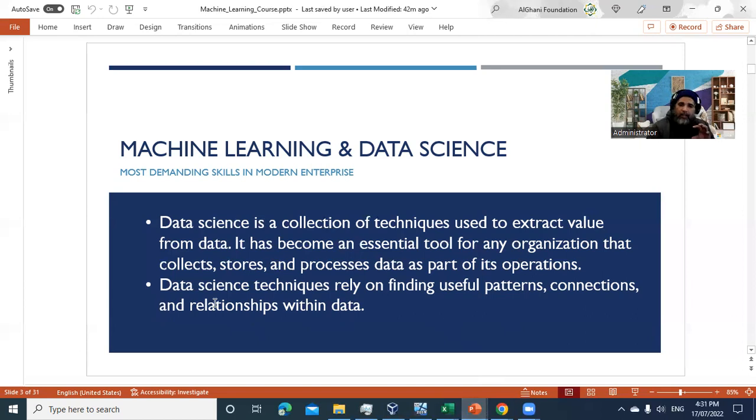In data science, techniques rely on finding useful patterns, connections, and relationships within the data. Those are hidden trends that we are unable to find if we don't have the data. For example, if some of the customers who are leaving our services have a common pattern, like they behave in a particular way, the data shows you that pattern once you apply data science techniques.